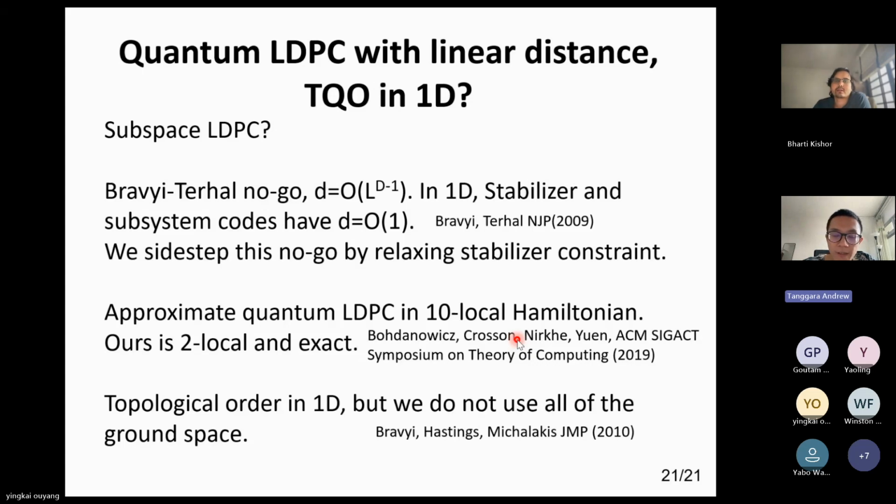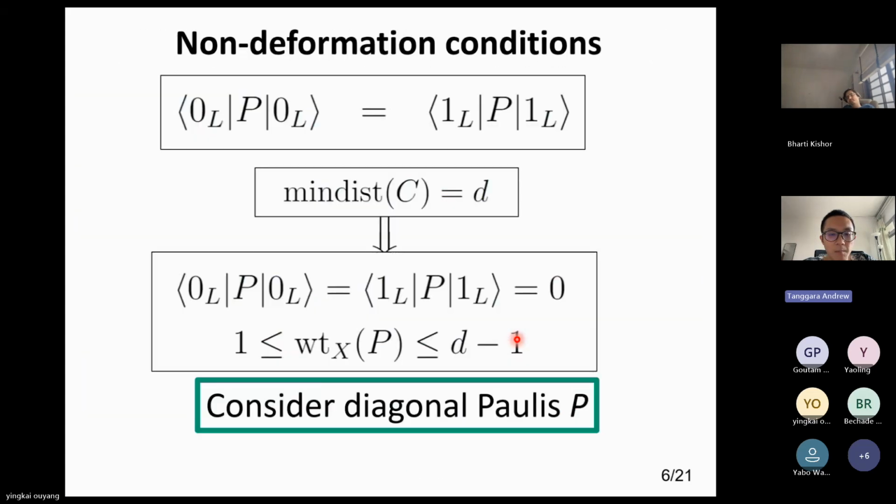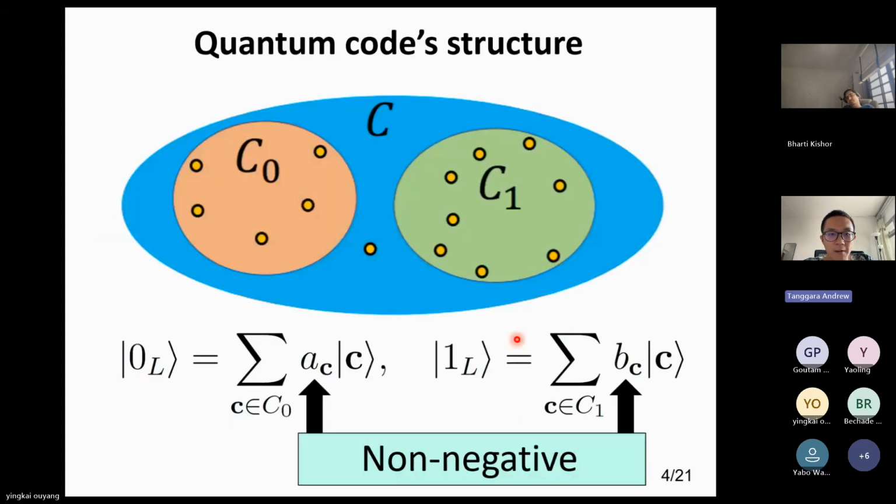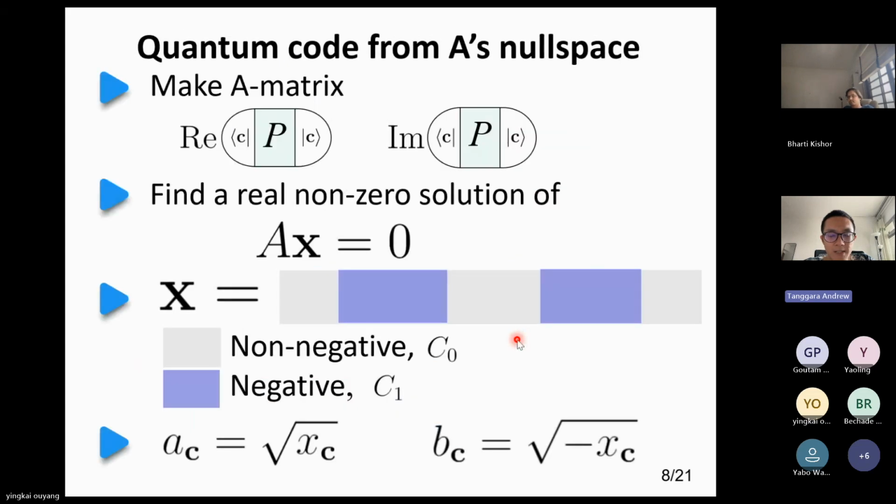I'm just wondering, in this linear equation, what happens if you consider just say diagonal and non-diagonal Paulis? Seems like that will only give you some imaginary terms, no? If you consider a non-diagonal Pauli like an X operator, then these sandwiches will evaluate to 0 if they are low weight, so we don't have to worry about them.